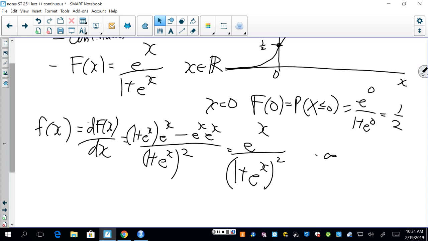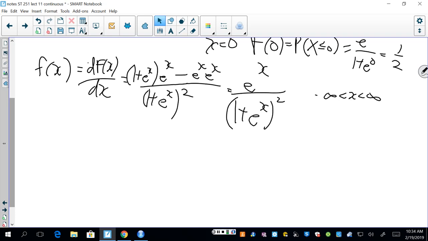And that works for the entire real line. If we want to draw this density function, the median's at 0. We know from the cumulative that halfway up is 0.